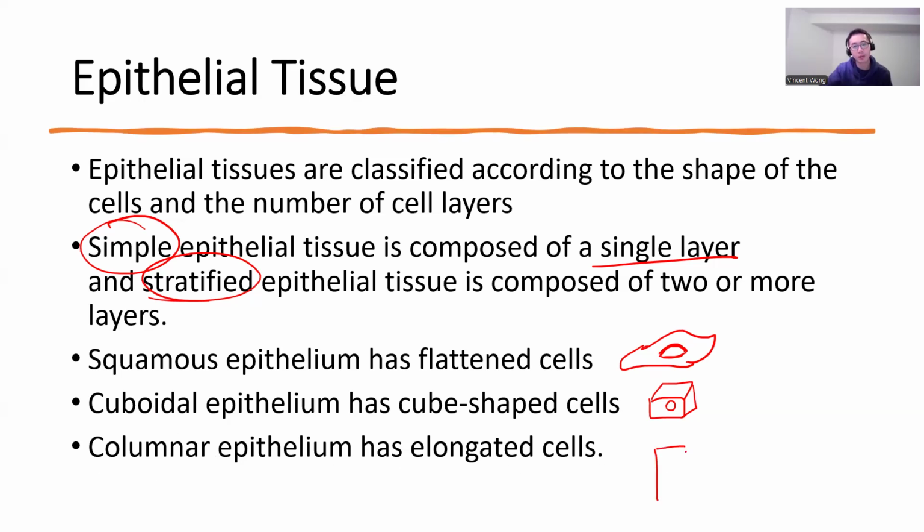If it's rectangular in shape, like a fridge with the nucleus there, then that's a columnar epithelial. And then we can use these words in conjunction. If I say simple squamous, then it's one layer of these flat cells. If I say stratified squamous, then it's multiple layers of these flat cells. Okay? We describe them by number of layers and their shape.